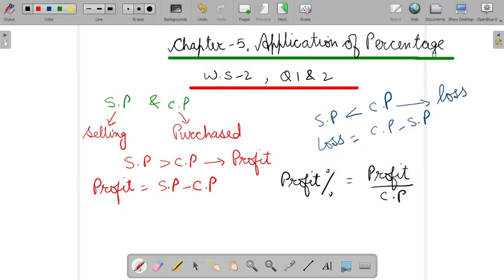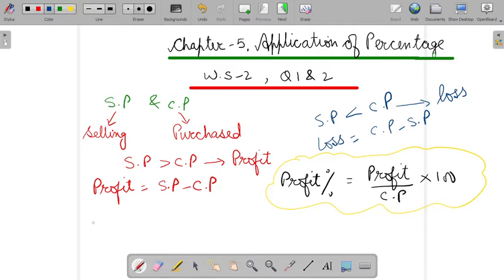So profit percent would be profit upon CP multiplied by 100. If you have to find the profit percent, you can apply this formula: profit upon CP multiplied by 100.